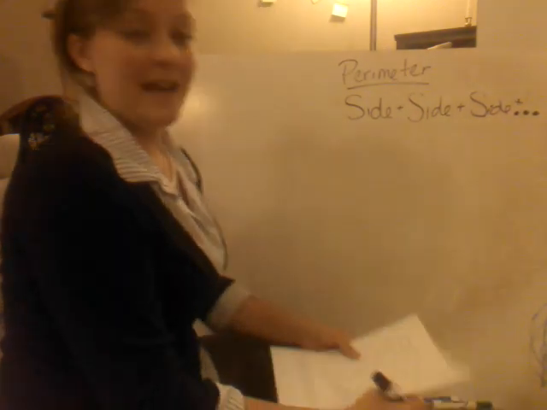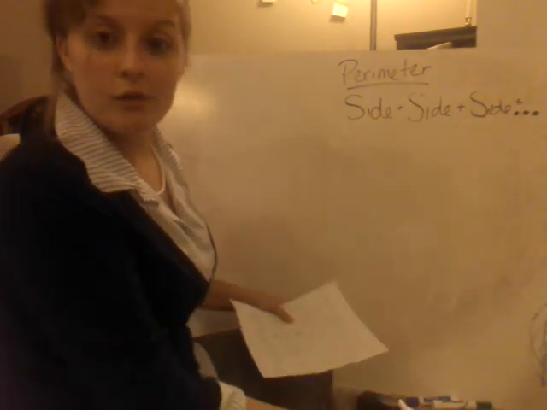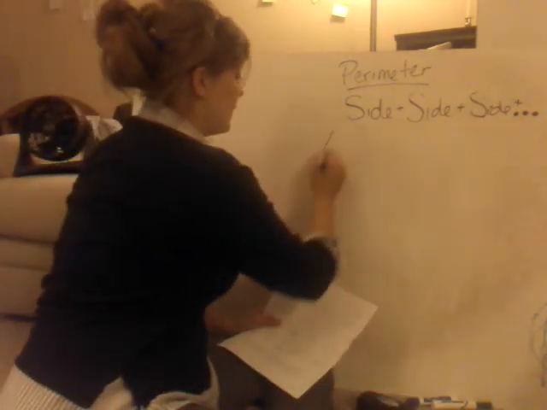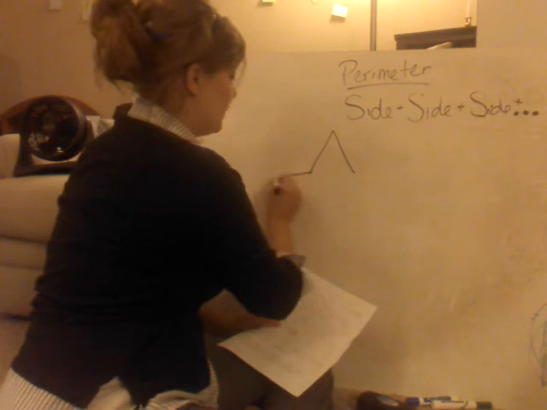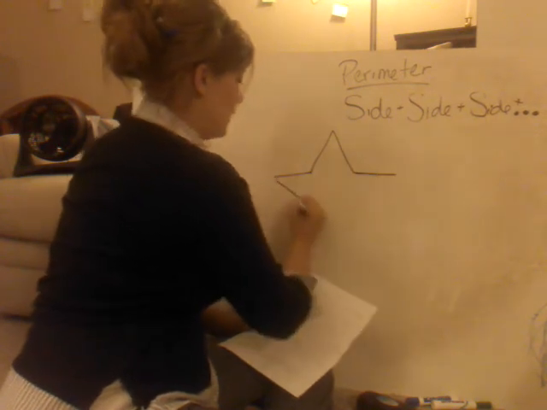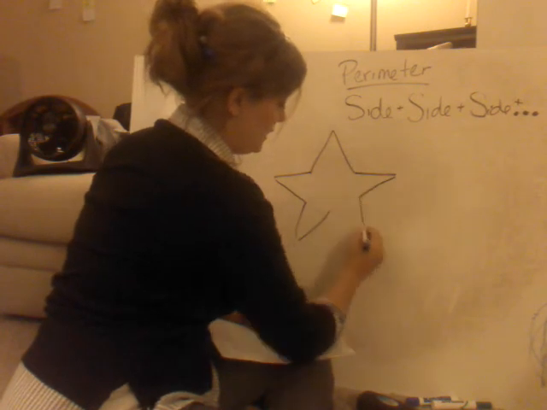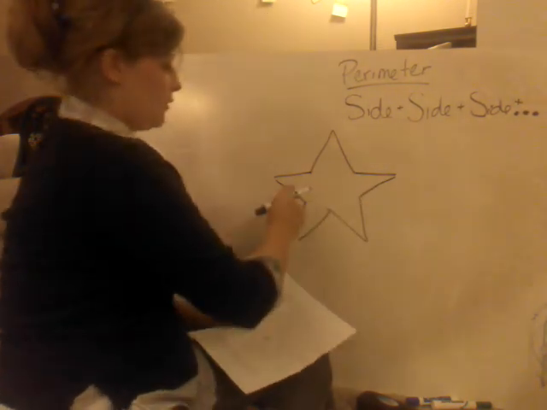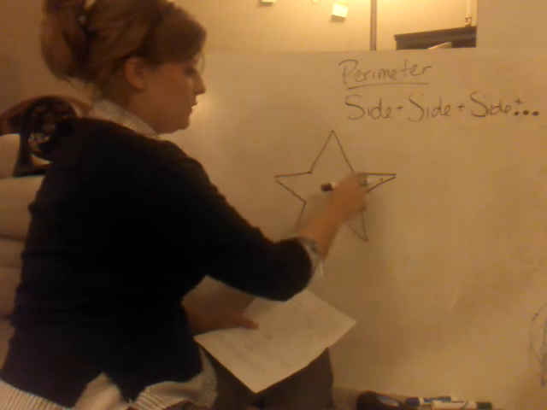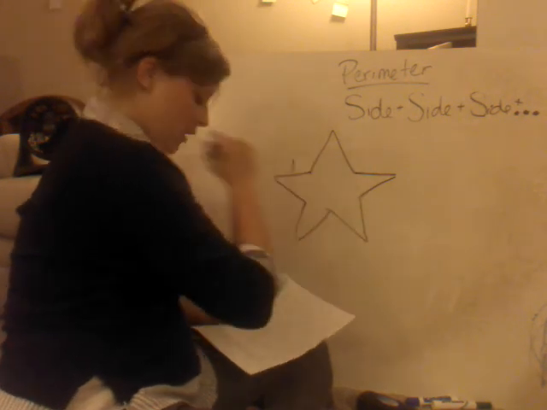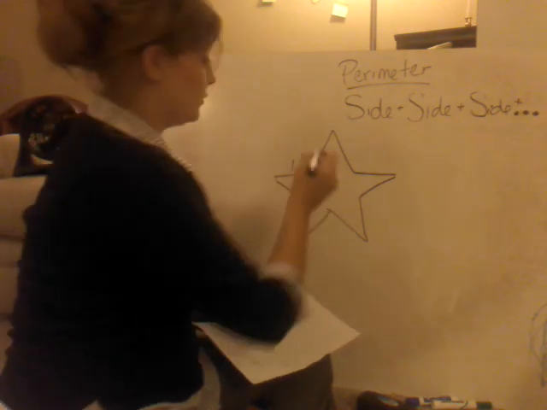Alright, next up is a decagon, also a star. Let's see if I can do this one. So we've got a point, out, out, in, down, up, in, down, up. So if I go through here, I can count 1, 2, 3, 4, 5, 6, 7, 8, 9, 10. And every side conveniently equals 1.